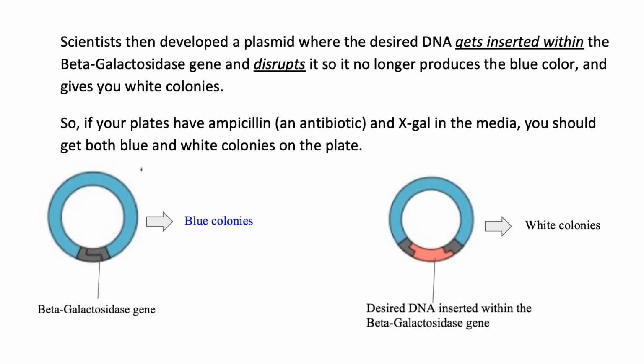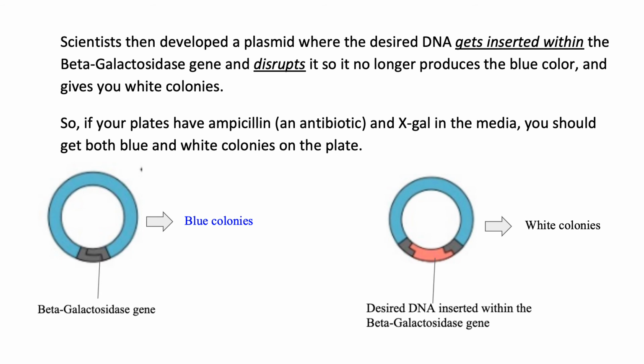Scientists then developed a plasmid where the desired DNA gets inserted within the beta-galactosidase gene, and then it just disrupts that gene so it no longer produces the blue color, and it gives you white colonies. So if your plates have ampicillin, which is an antibiotic, and XGAL in the media, you would get both blue and white colonies on the plate.